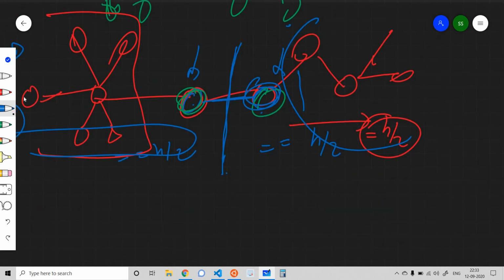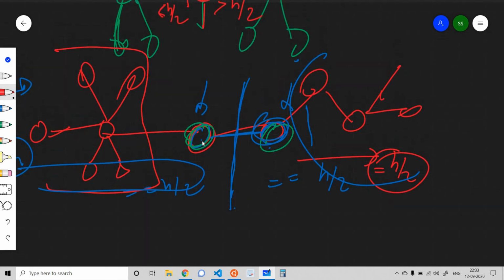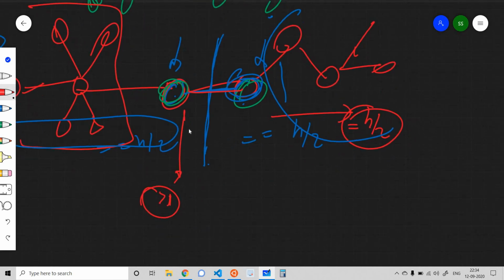Also, in the case when we have two centroids, it means that the centroids cannot be leaf nodes, or the degree of these centroids should be greater than 1, because if the degree of a centroid is 1, then it must be a leaf node, and a leaf node cannot be a centroid.